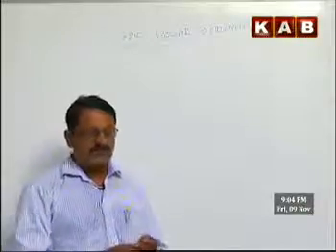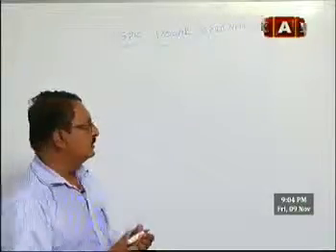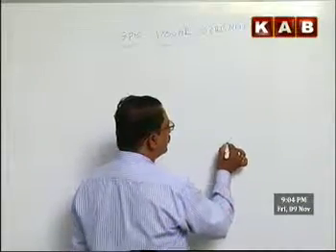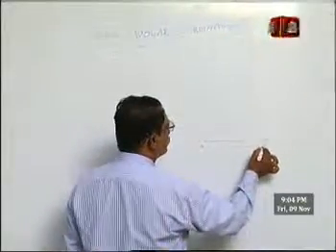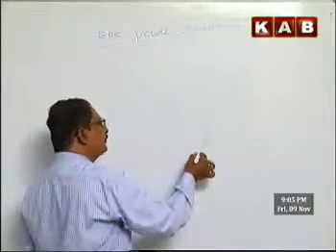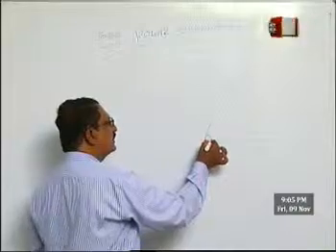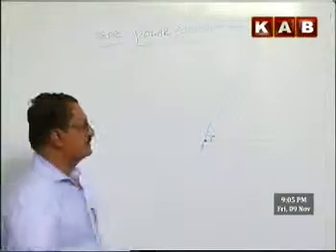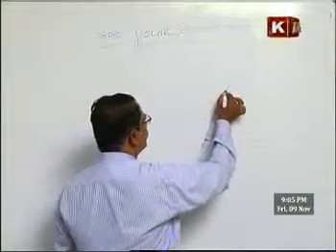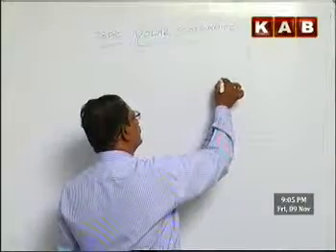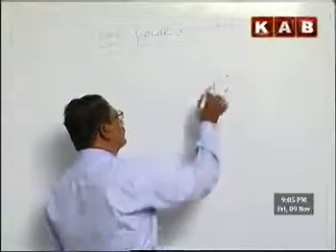Now we find the equation of the straight line. Suppose O is the pole, OX is the polar axis. A straight line passing through the pole and inclined at an angle alpha with the polar axis, passing through the point P. P is any point anywhere on the required line.